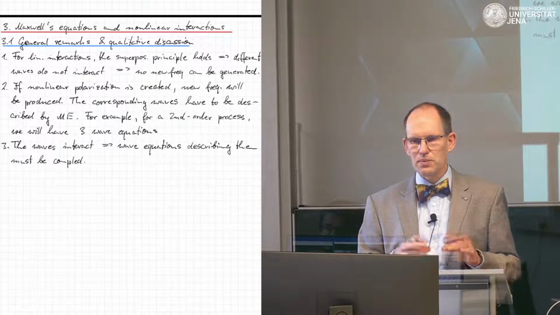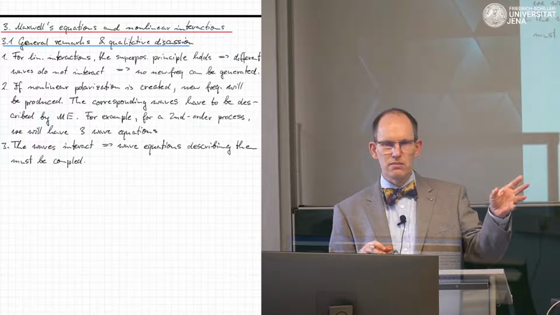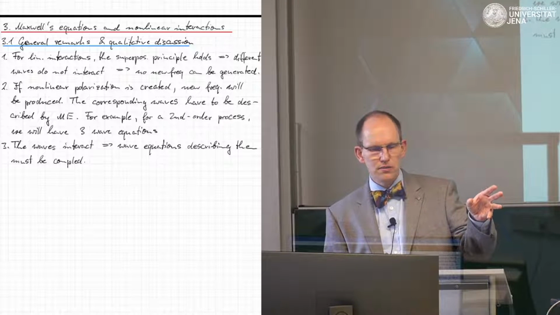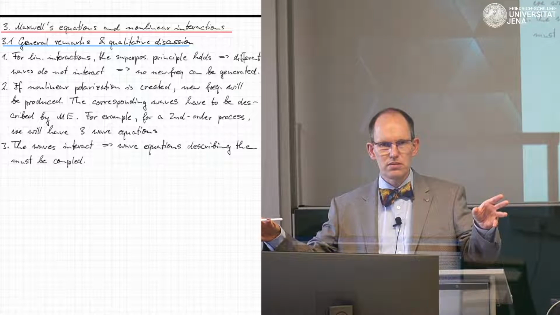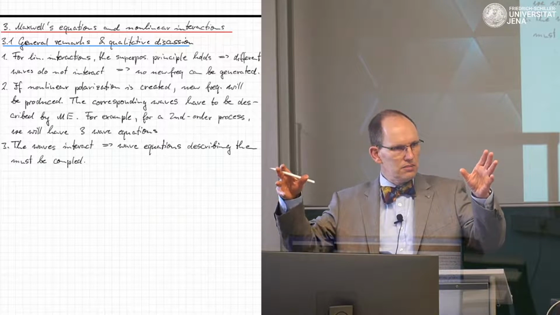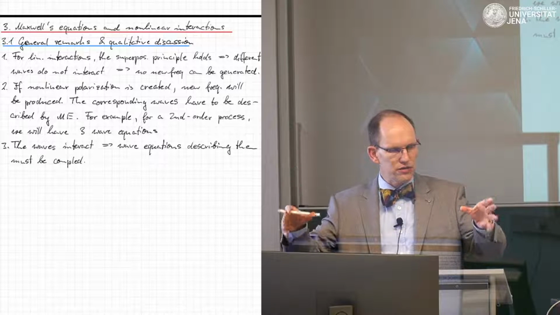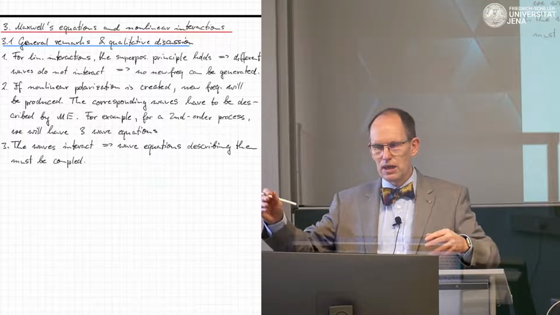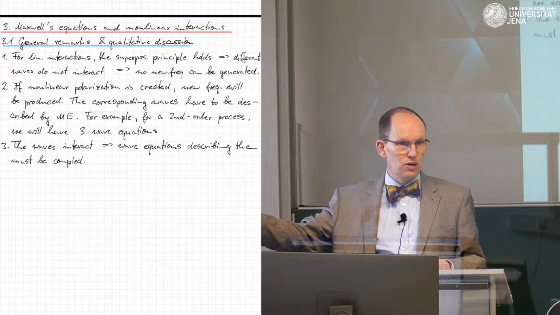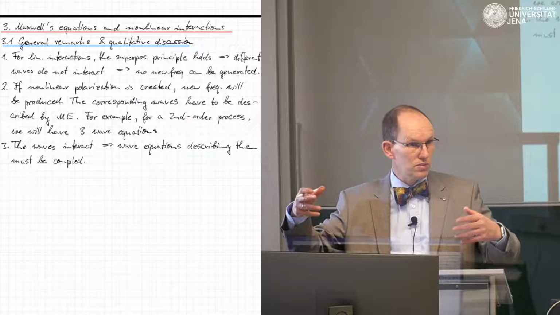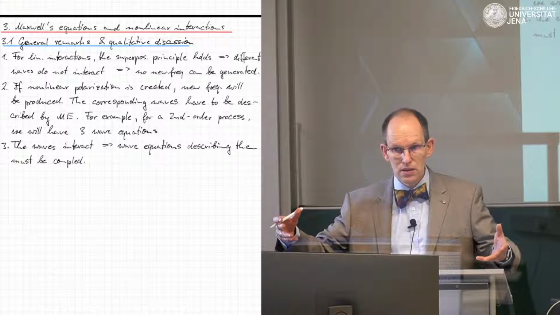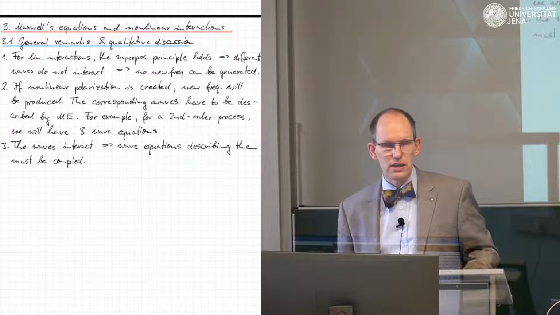So we expect wave equations, so you know second derivative with respect to time and second derivative with respect to a spatial coordinate. Three times such a partial differential equation. There will probably be an inhomogeneous part to it because you want to produce the wave. And in addition to that, they need to be coupled.